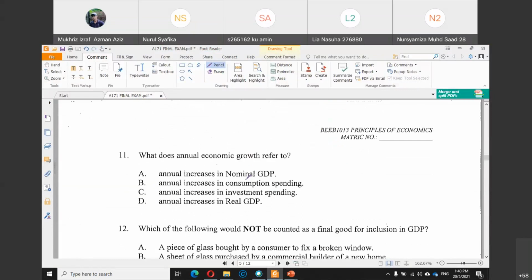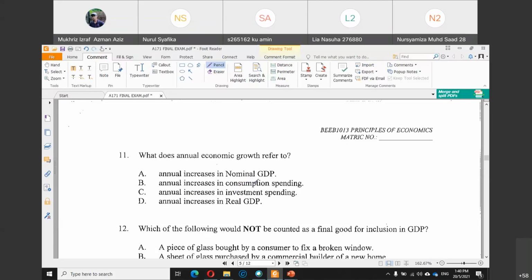Number 11. What does annual economic growth refer to?